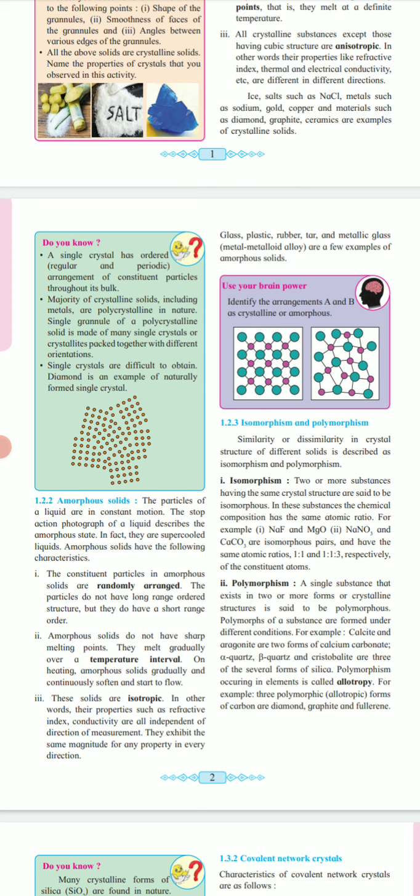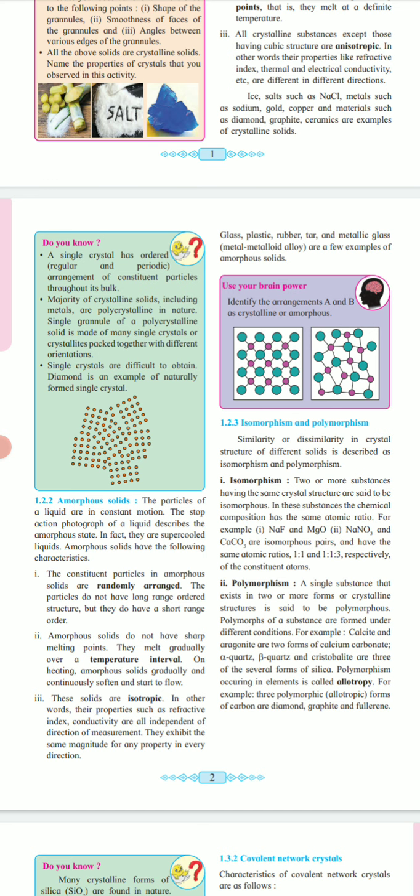1.2.3 Isomorphism and polymorphism. Similarity or dissimilarity in crystal structure of different solids is described as isomorphism or polymorphism. First, isomorphism. Two or more substances having the same crystal structure are said to be isomorphous.